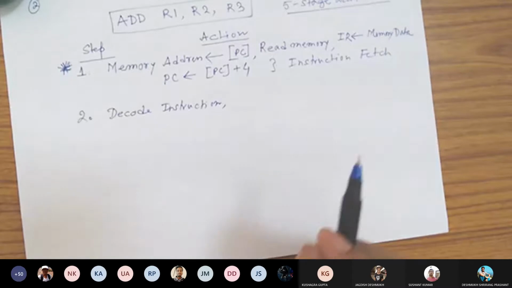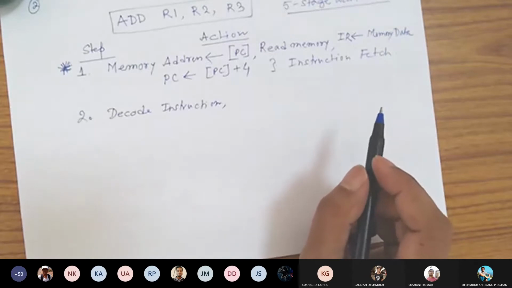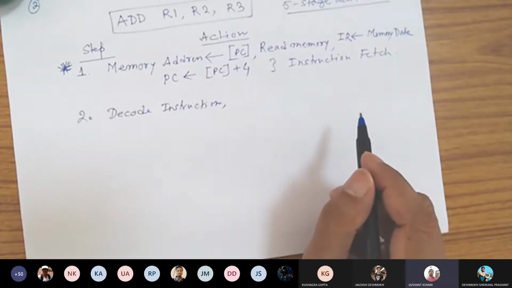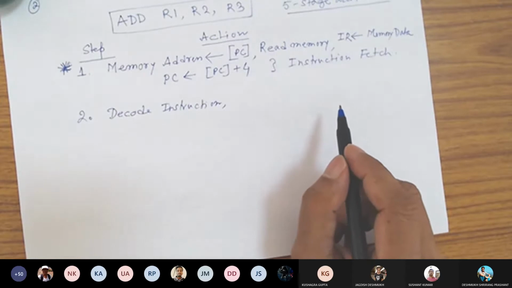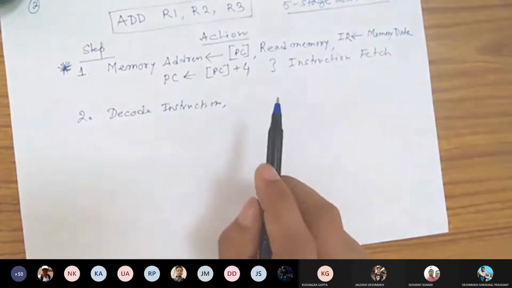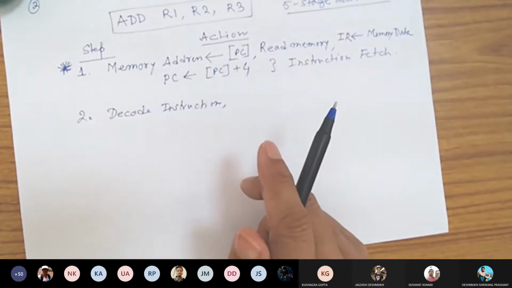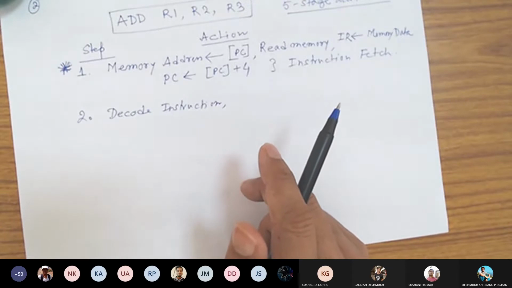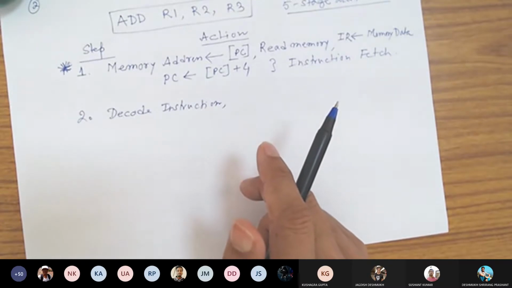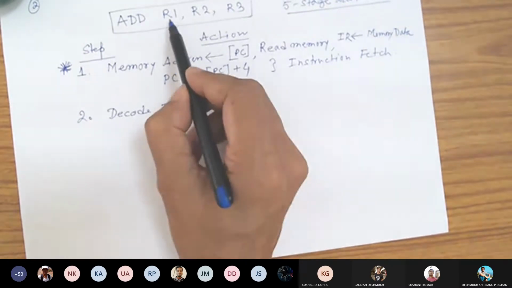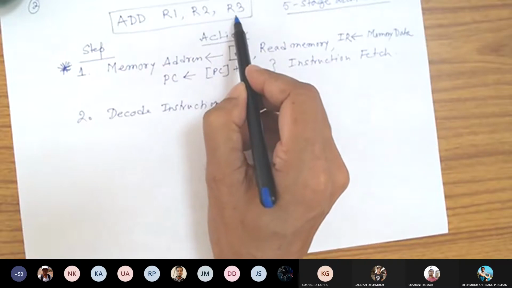So what would you do here? Can you tell me what the register transfer notation will be for this instruction? Any guess? So this is destination, this is source 1, this is source 2.